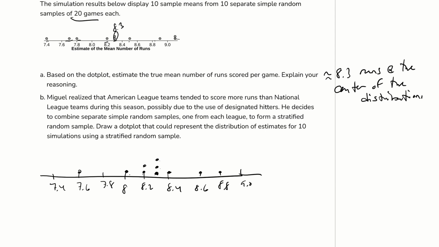Okay, so here we got reduced variability. We can see it varies from 7.4 to 8.8 as opposed to 7.4 to 9 point whatever. So there's reduced variability and there's more clumping, and the center is still around 8.3. Okay. All right, so that's what you want to look for.